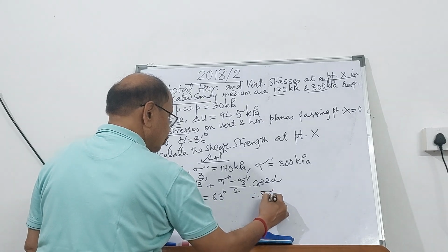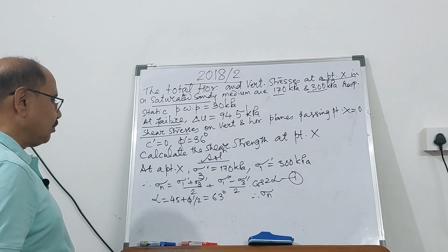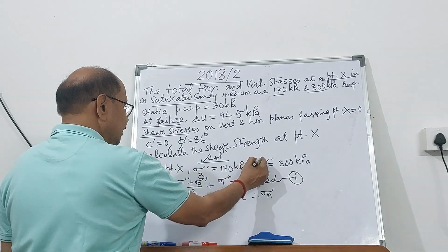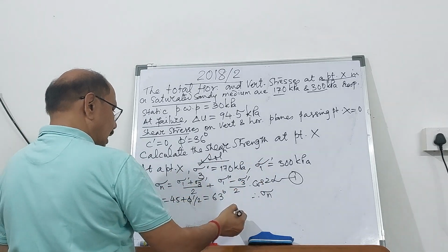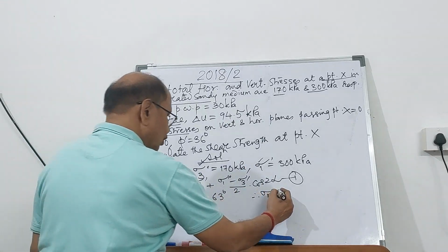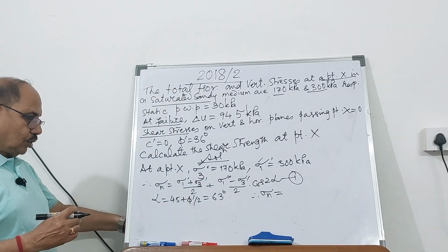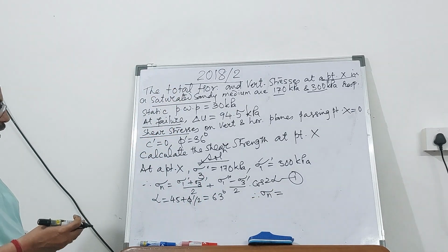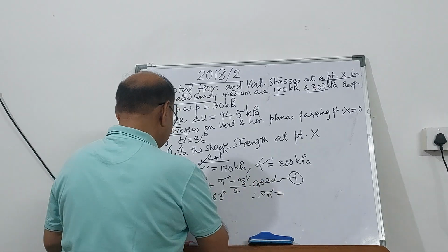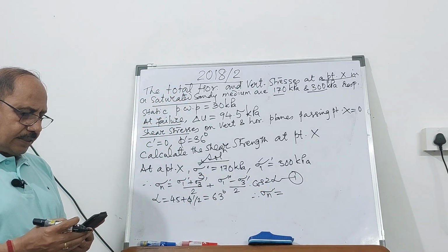Therefore, you can substitute the alpha value, and sigma 1 prime and sigma 3 prime are already known to me. I have found out the value of alpha. So if I substitute over here, I can find the value of sigma n, which can be calculated.